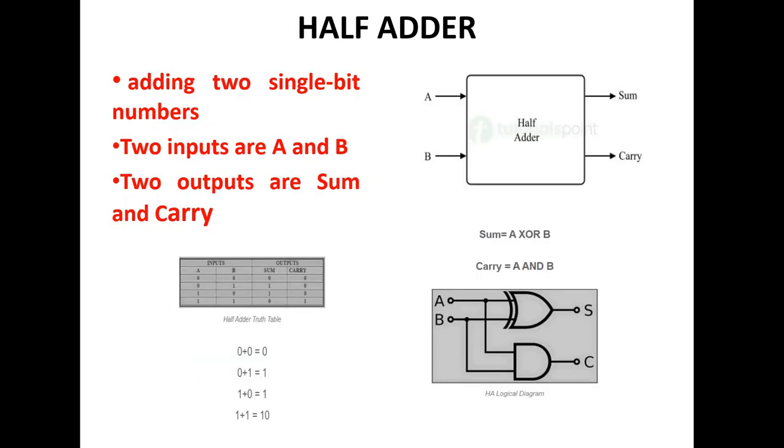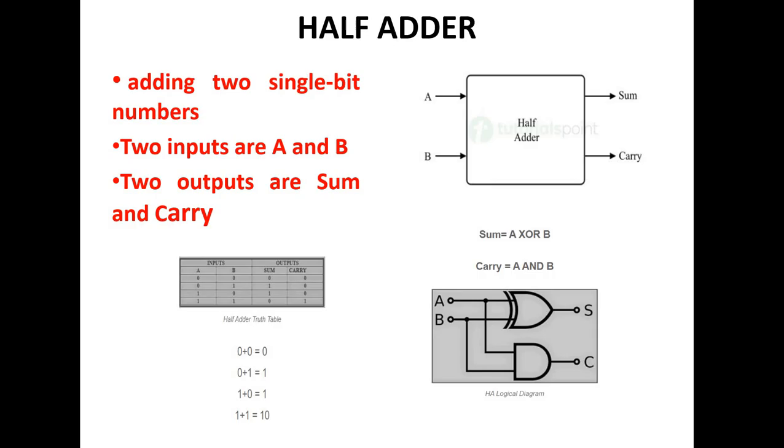A half adder is a combinational circuit which adds 2 single-bit numbers. In this block diagram, the inputs are denoted by A and B and the outputs are denoted by sum and carry. The input combinations of A and B are 00, 01, 10, 11.